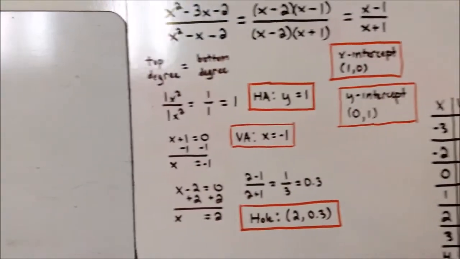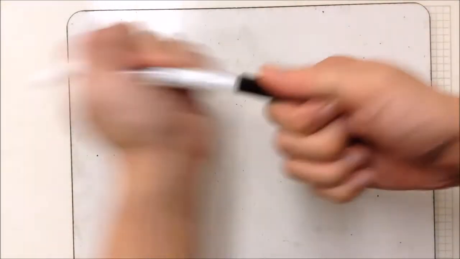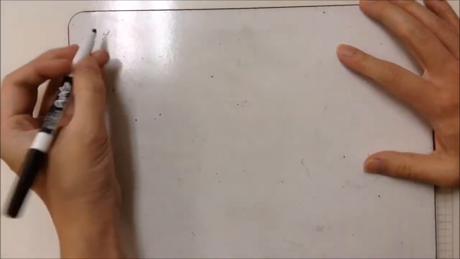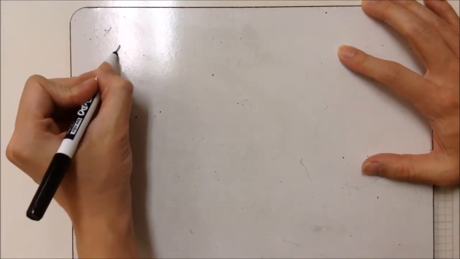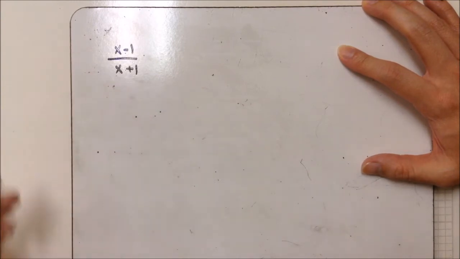So first one is -3. Alright, let me write out the simplified function since it's less work. So x minus 1 over x plus 1.